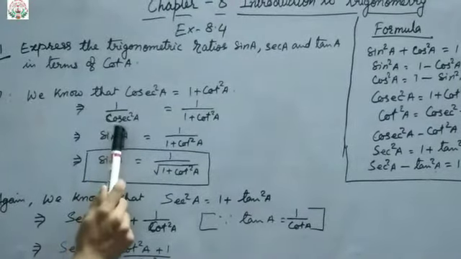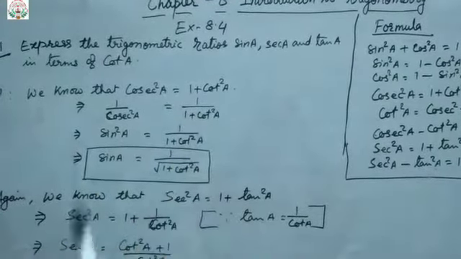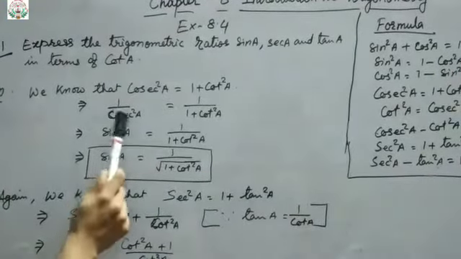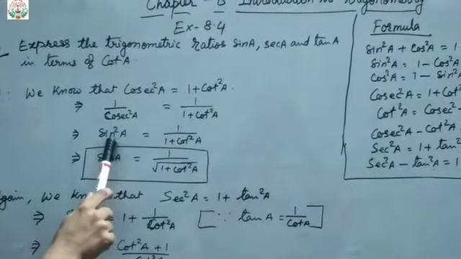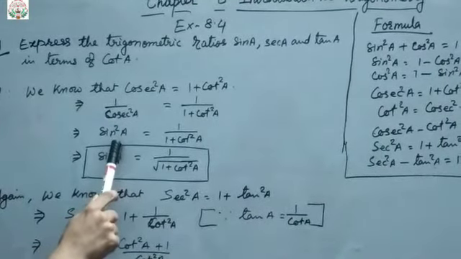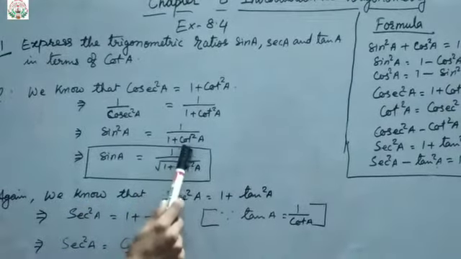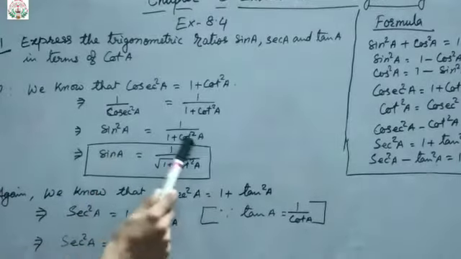That is 1 upon cosec square A equals to 1 upon 1 plus cot square A. So 1 upon cosec square A equals to what? We know that formula, it is sin square A. So sin square A equals to 1 upon 1 plus cot square A.